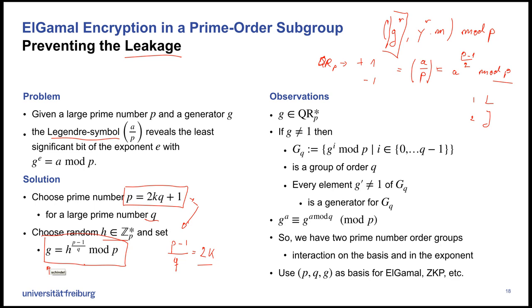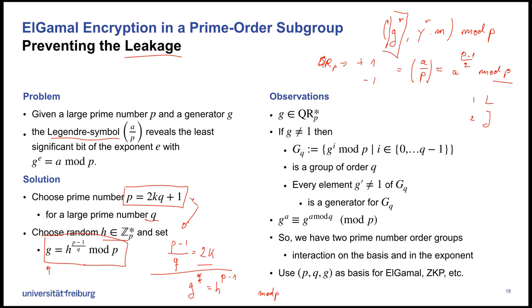So what is g to the power of q? If I take this g and compute the power of q, well, it is g to the power of 2kq, which is p minus 1. So this should be the same thing as h to the power of p minus 1, modulo p.